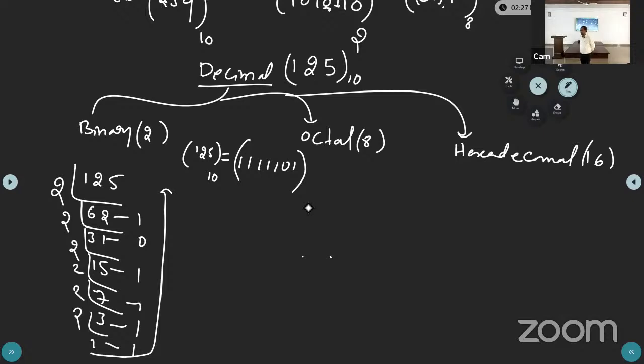Boys, can anyone answer the octal equivalent value for the given decimal? For these number system conversions, you have to know the 8th table and the 16th table.